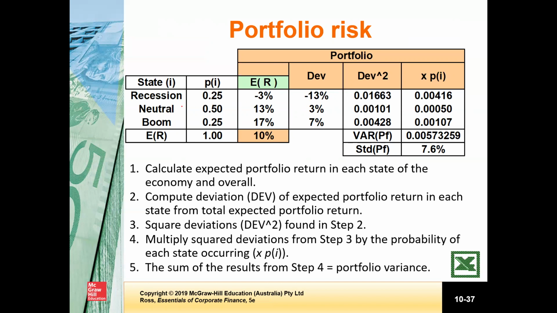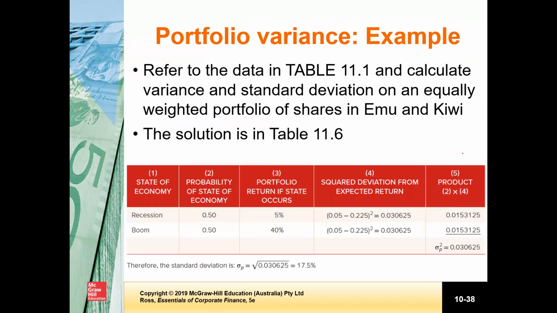These are the probabilities, these are the expected returns and deviations. Then we square the deviations, multiply them by the probability, and then the standard deviation is calculated. If we use the data that we have used previously, this is how we calculate the standard deviation.